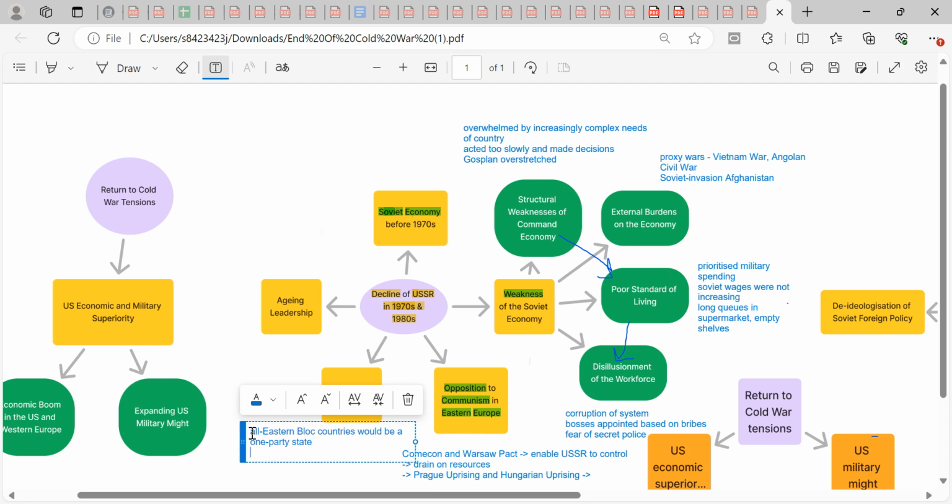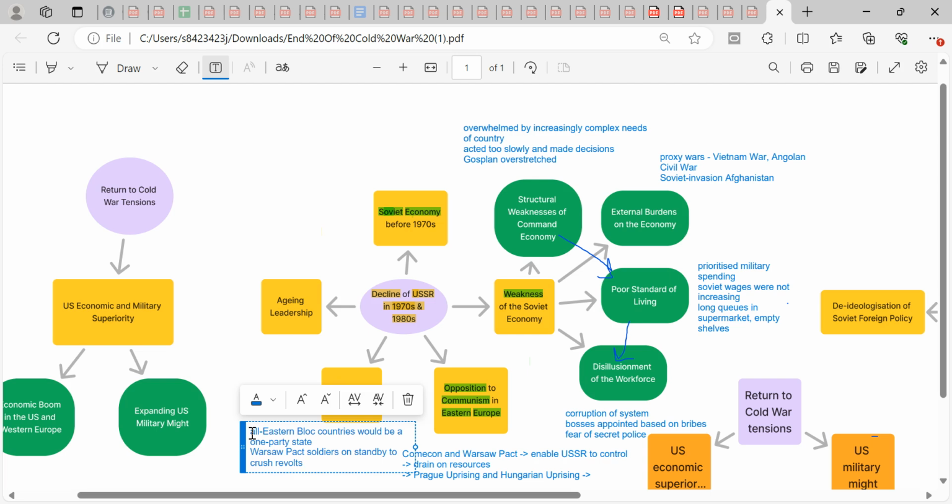Any attempts to reverse or dilute communism, the Warsaw Pact soldiers would be on standby to crush the revolts. There were leaders who were very pleased with this. Erich Honecker of East Germany was especially pleased because this would strengthen their own authoritarian regimes.